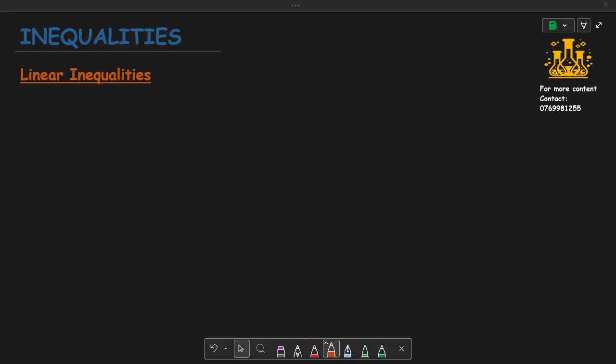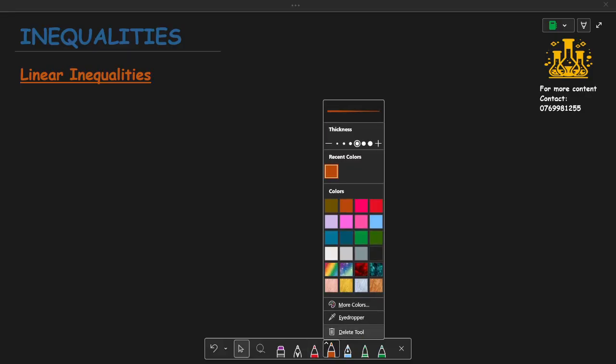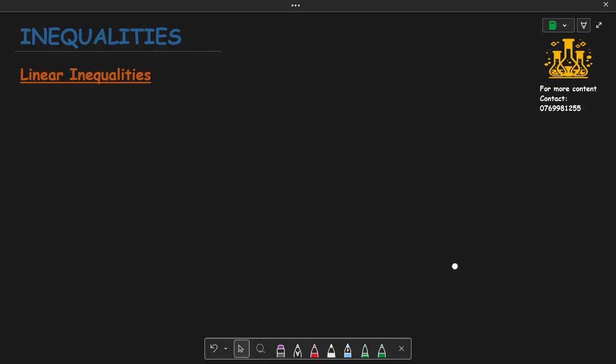Okay, we know from our secondary that inequalities are expressions that involve symbols like the less than, the greater than, the less than or equal to, and the greater than or equal to. These are inequalities.